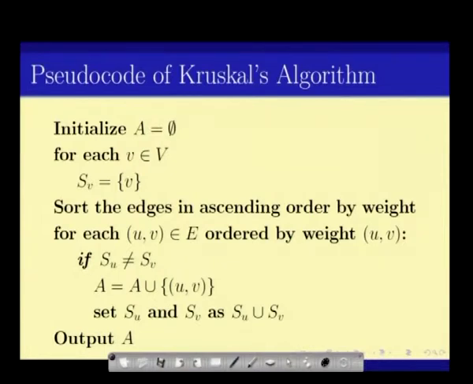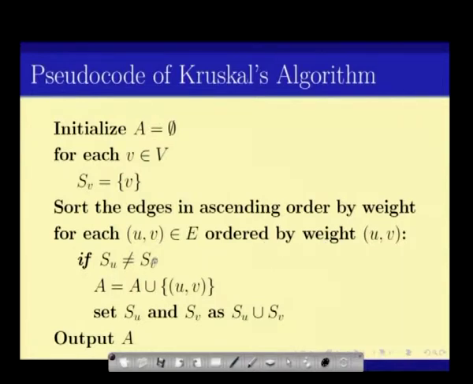To understand whether we are creating a cycle or not, for every vertex v we were storing a set S_v. S_v was the set of all vertices that are connected to v by the already selected edges. We were sorting the edges in ascending order, and we picked the next edge that we had not selected, in order of the weights.